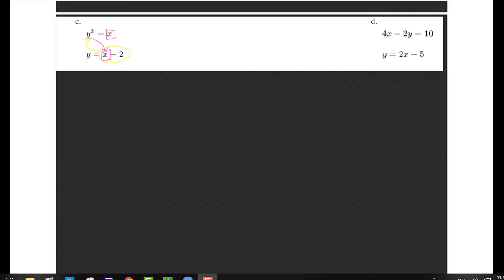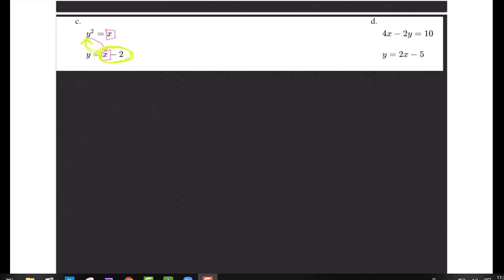Yes? You still can't just solve it. So if you took the y, or the x minus 2, and put it where the y squared is, would you square the x minus 2? Yep, we can do it that way. So we're going to take this as our y and plug it in for our y here.